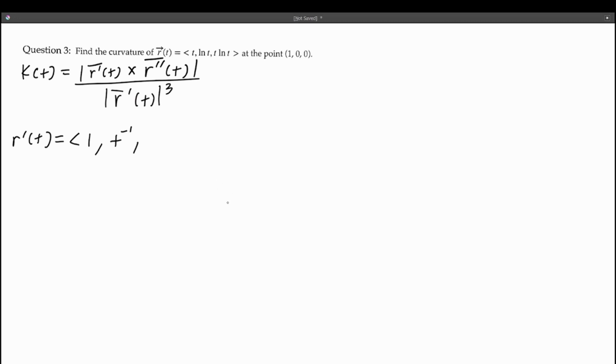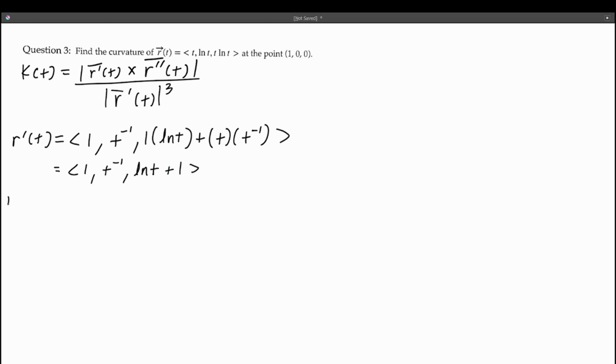So that would be derivative of t is 1, so that'd be derivative of t times ln of t plus t times the derivative of ln t, which would just be t to the negative 1. And there we go, that's our r prime of t, which I'll simplify a little bit: 1, t to the negative 1, and then ln of t plus t times 1 over t, which is just 1. So that's ln of t plus 1.